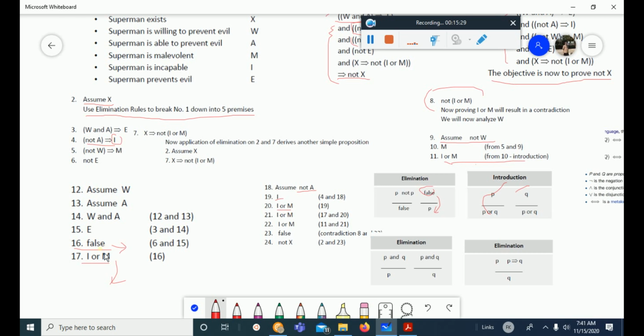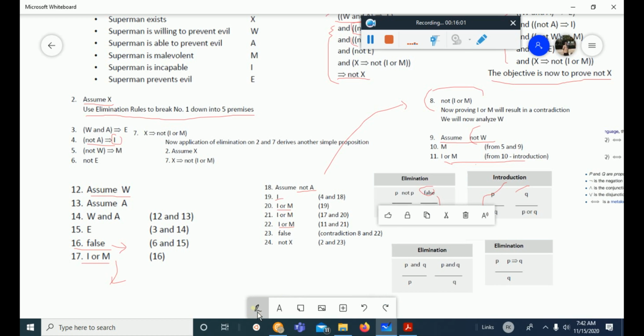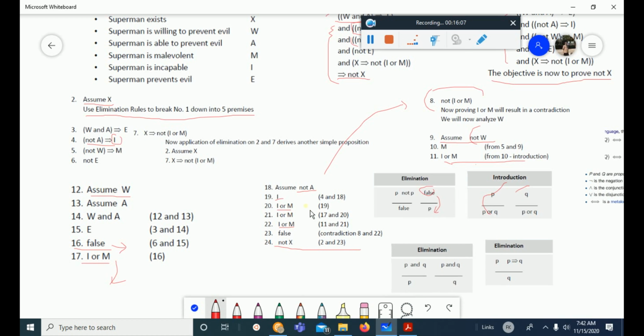From 17 we have got I or M, and from 11, when we assume not W, we have got I or M, and from 17, when we assume W, we have got I or M. So this is false, this is a contradiction with number 8. So from this we conclude not X, that Superman does not exist. So thank you.